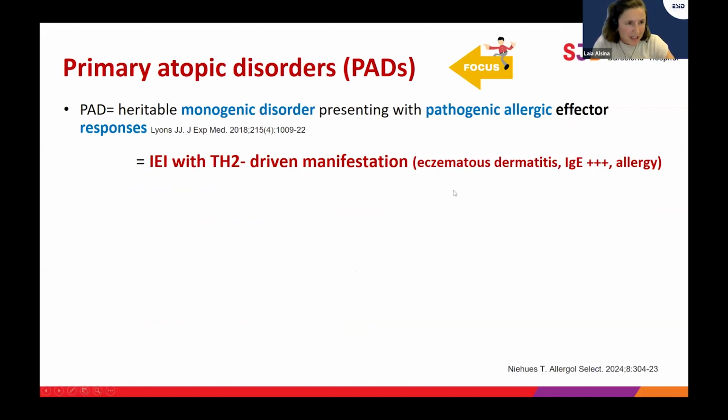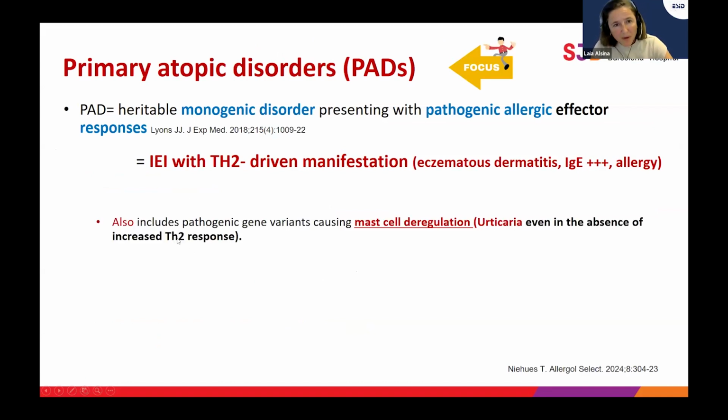So we have been discussing the primary atopic disorders with a Th2-driven manifestation, but we also have to remember that mast cell deregulation should also be considered a primary atopic disorder, and they will manifest with urticaria even without a full Th2 phenotype, I mean without full eosinophilia or hyper IgE.